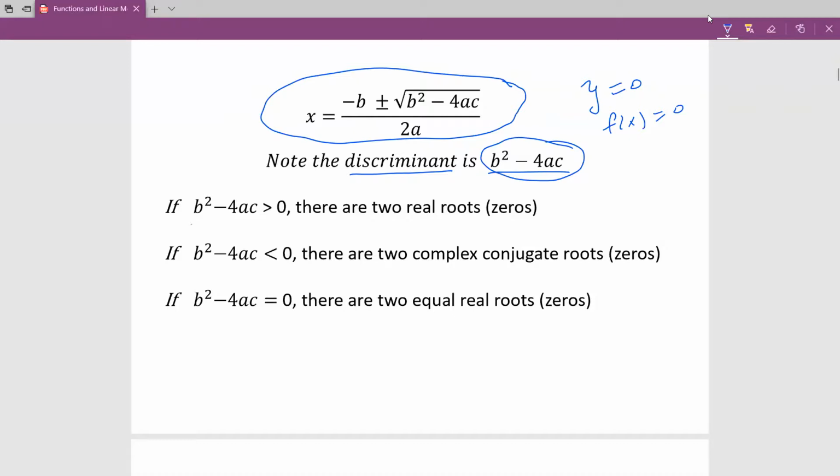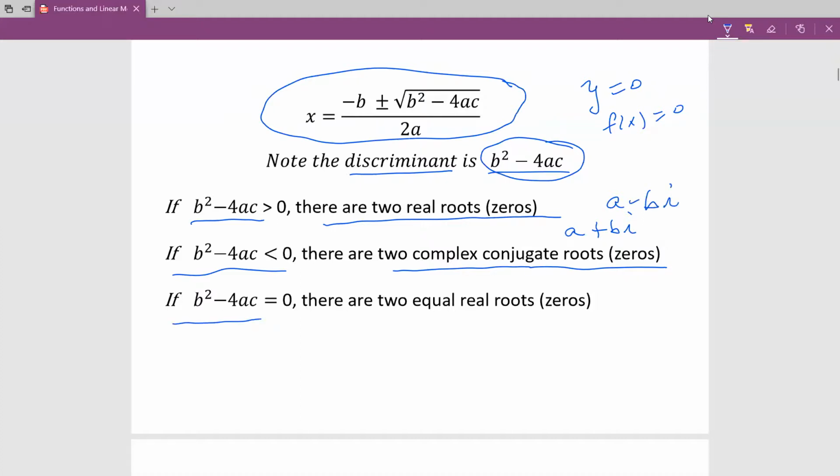If b squared minus 4ac is more than 0, there are two real distinct roots. If it's less than 0, there are two complex conjugate roots, which you may have heard of. We will not be studying those that much in this section, but that would give you complex roots like a plus bi and a minus bi. If b squared minus 4ac equals 0, there are two equal real roots.